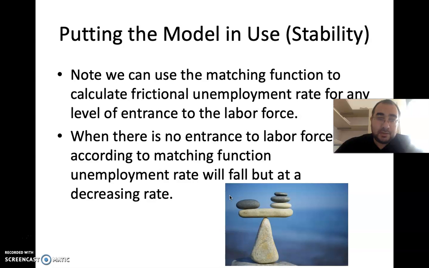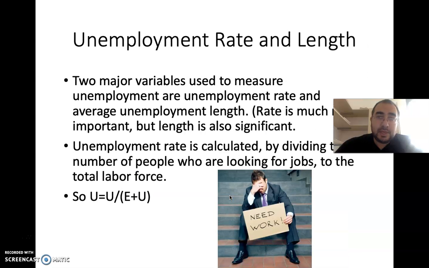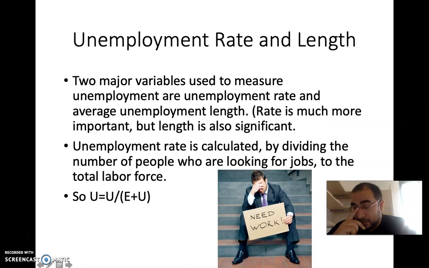So we have discussed already the stability case. Now we can switch to the measurement of unemployment. And the most obvious and most used term is the unemployment rate, and its length is also used. Average length is usually used.